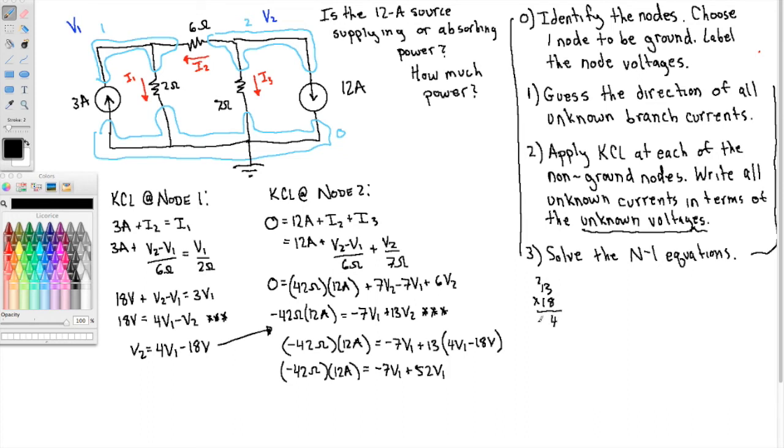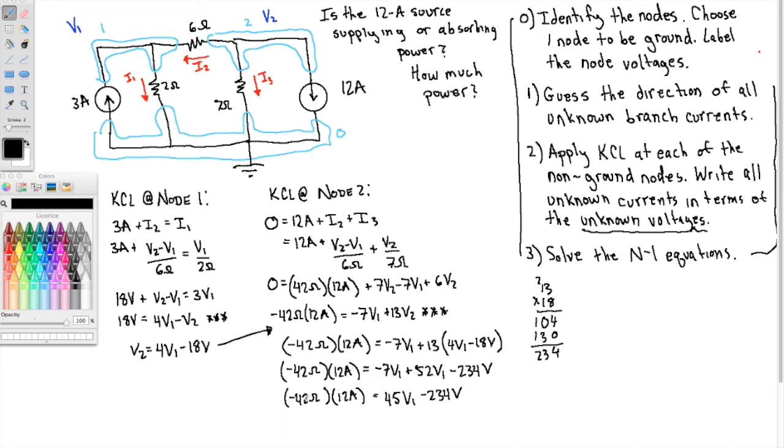That is 104 there and 13 there, so it's 234, minus 234 volts. So I've got minus 42 ohms times 12 amps, and when I combine the 52 and the minus 7, I get 45 V1, minus 234 volts.